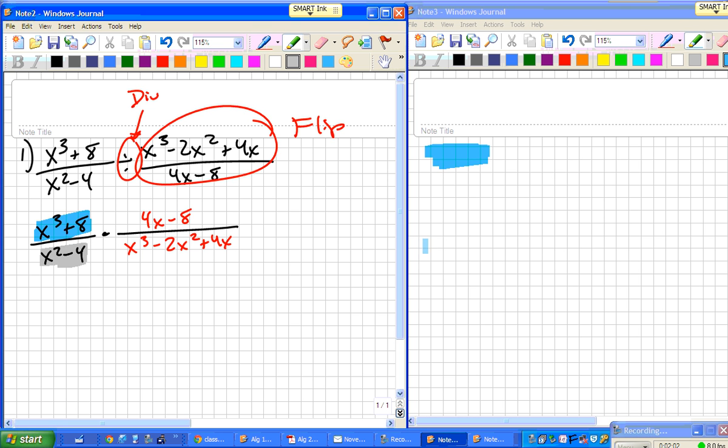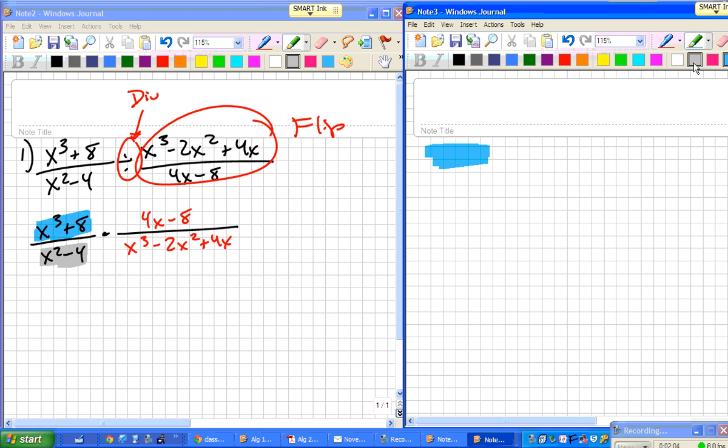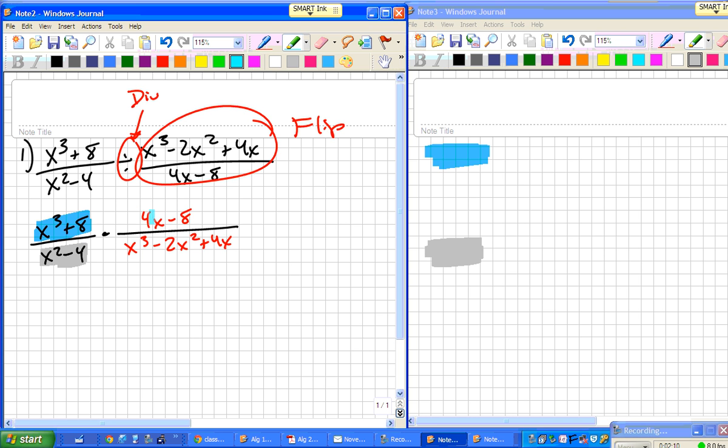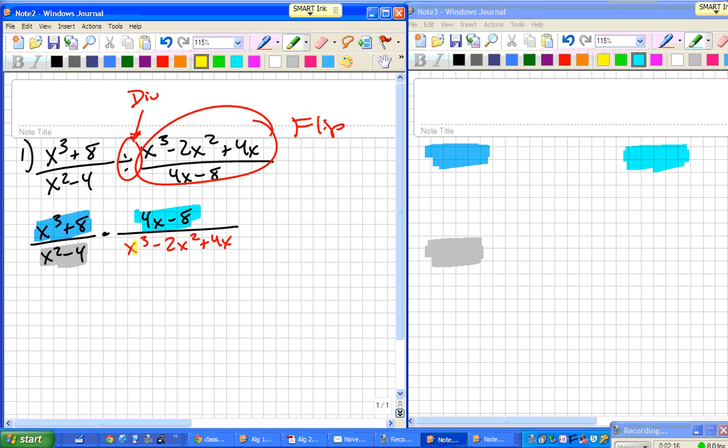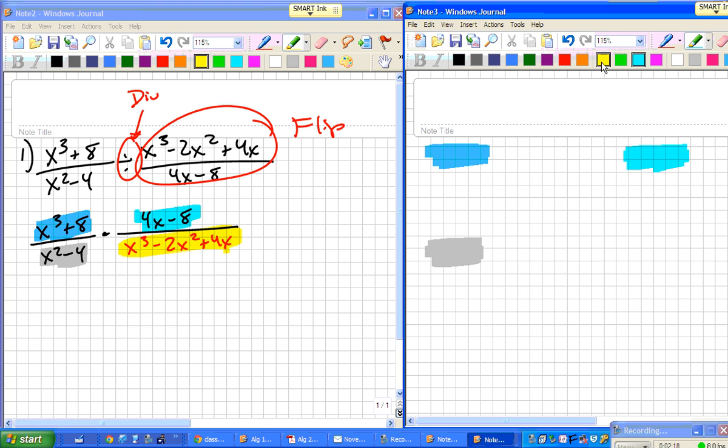X squared minus 4. We got to factor that guy. Let's see what else. Over here, we have to factor the 4x minus 8. And then the last one we have to factor is all of that. So those are the 3 things that I'm going to factor.